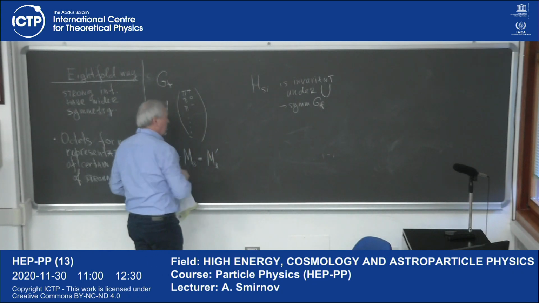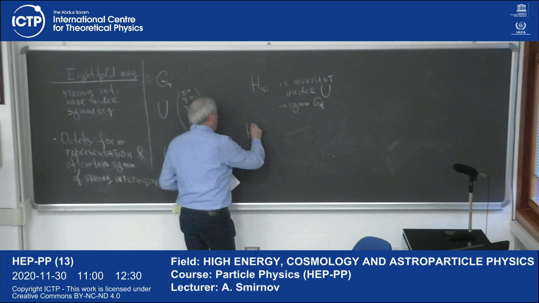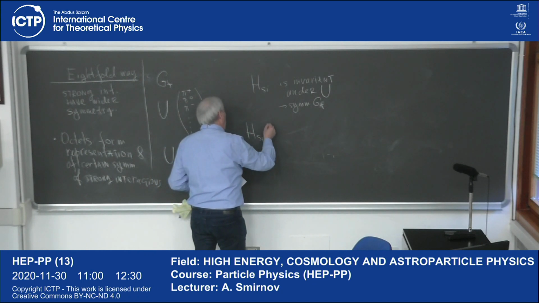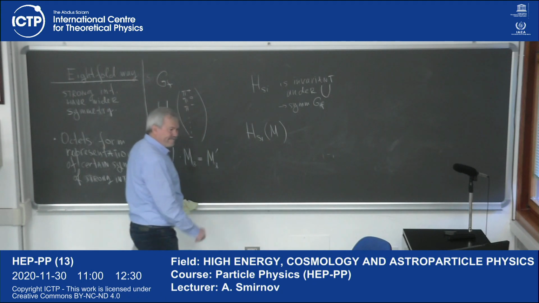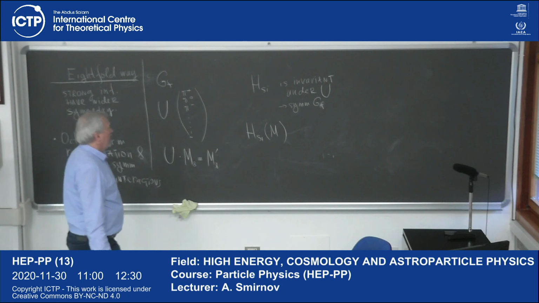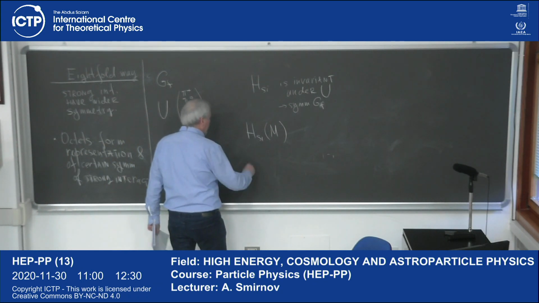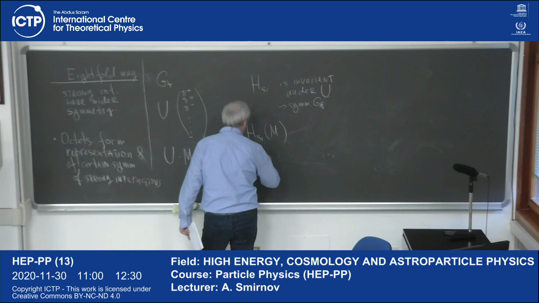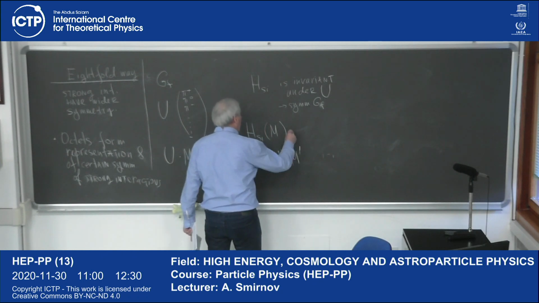So we have octet of mesons in our example. The Hamiltonian of strong interaction is somehow the functional of this M. Right? So the symmetry means that we are doing transformation, which is, we can write M as U minus 1 M prime.